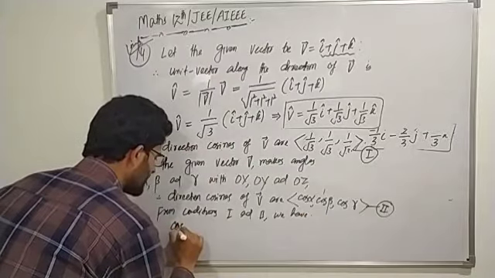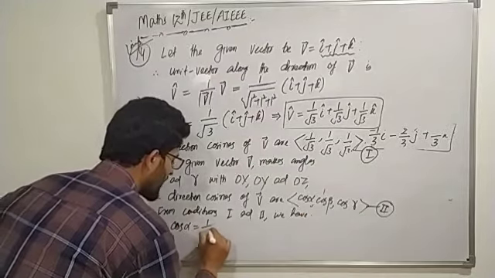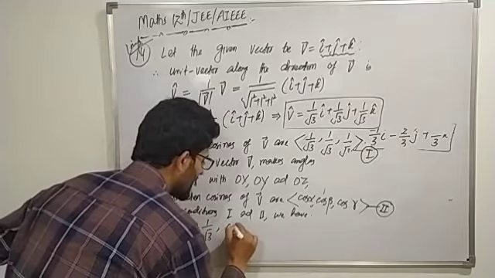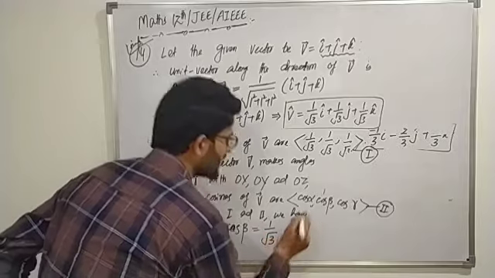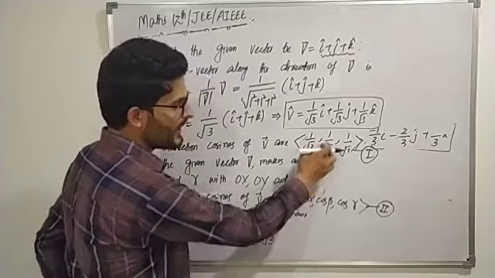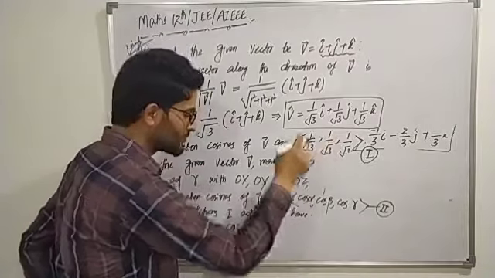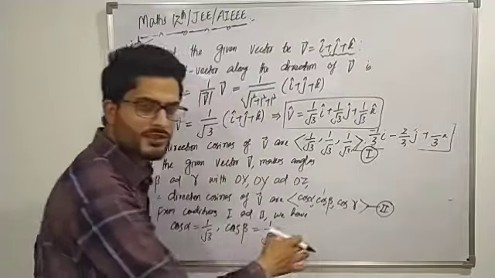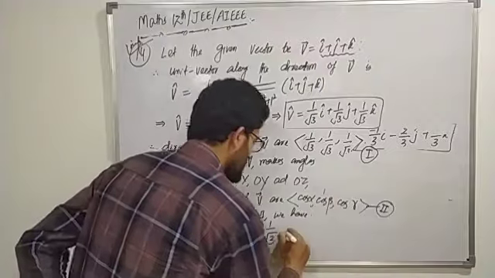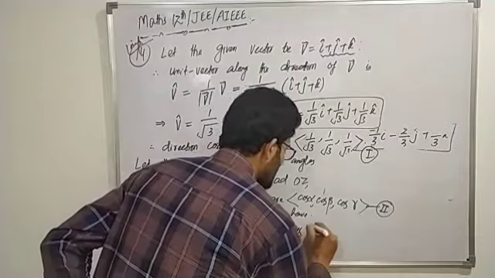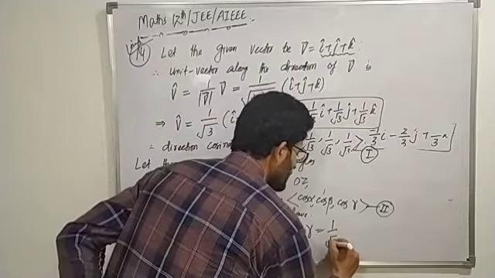Cos alpha must be equal to 1 by square root 3, cos beta must be again equal to 1 by square root 3, क्योंकि दूसरा डायरेक्शन कोसाइन cos बीटा, यहाँ पे दूसरा डायरेक्शन कोसाइन 1 by square root 3, यहाँ पे तीसरा डायरेक्शन कोसाइन cos गामा है और यहाँ पे तीसरा डायरेक्शन कोसाइन अगेन है 1 by square root 3. So cos gamma must be equal to 1 by square root 3.